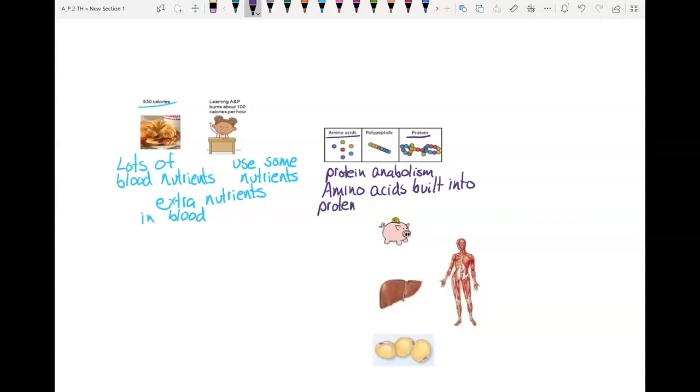This is not a storage. This is just they become part of your body. So they might become collagen in your bones and skin, or they might become enzymes that you're going to use.